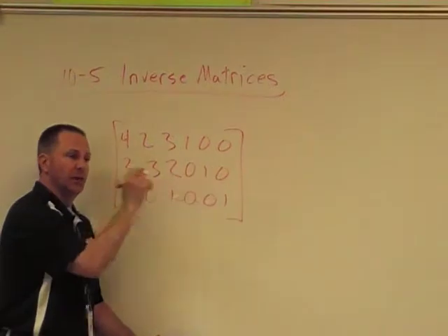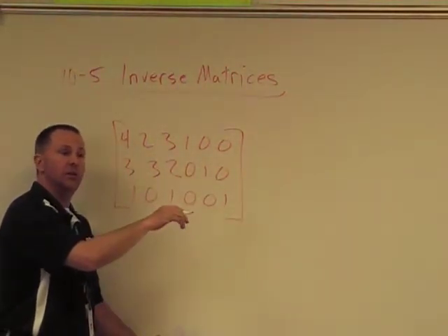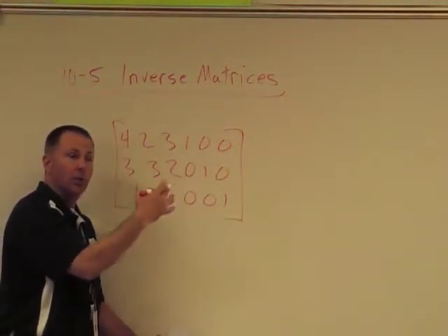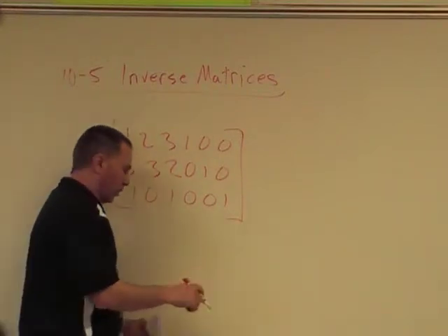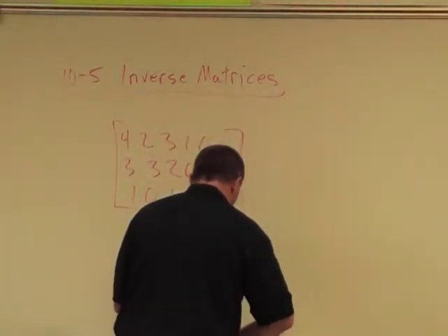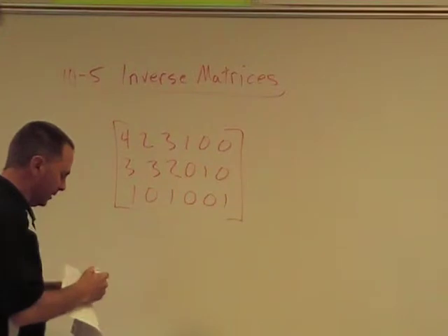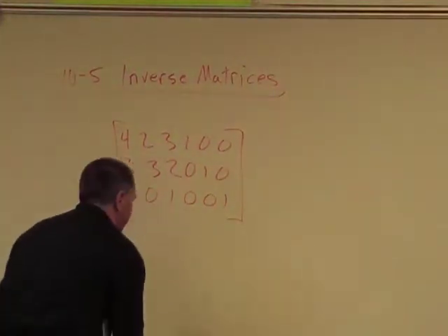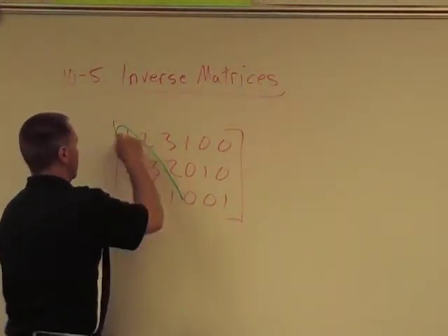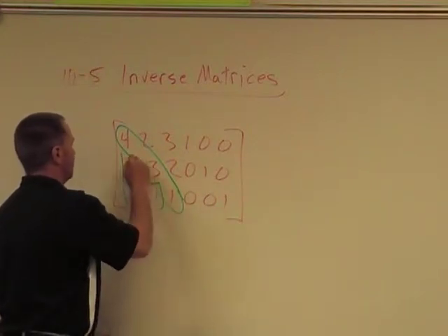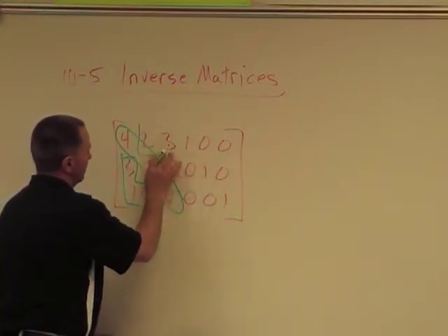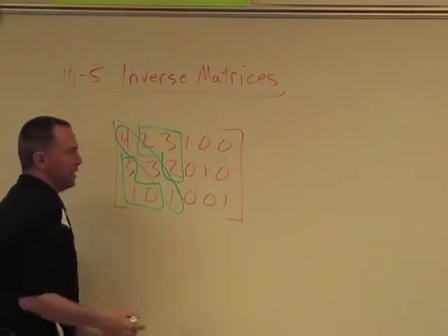I'm not going to go through the whole thing, but I'm going to start it because you already know how to do this. What is our goal? Our goal is to make your diagonals 1s and everything below and above them 0s. So I want those to be 0s, and I want these to be 0s, and I want my diagonals to be 1s.